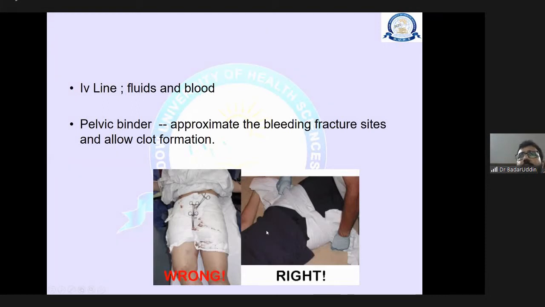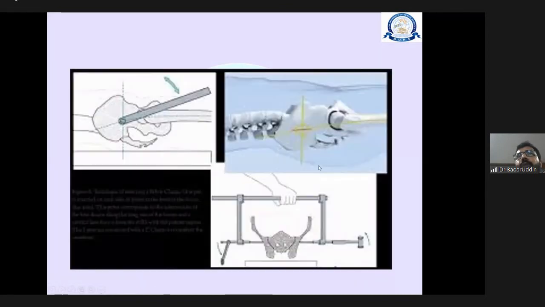But the key with this binder is you can apply it only for 1 hour, and then you need to convert to fixator application. Say you applied this and now you want to fix the bone. You need to put some fixators. You can put a C-clamp; this is the C-clamp that will close the posterior part of the pelvis, and another fixator from the anterior side that also closes the anterior side.